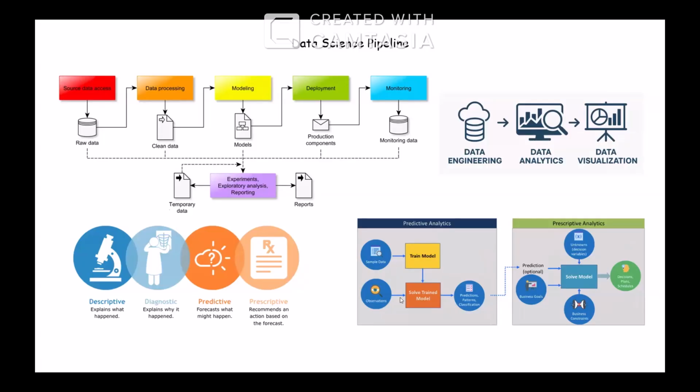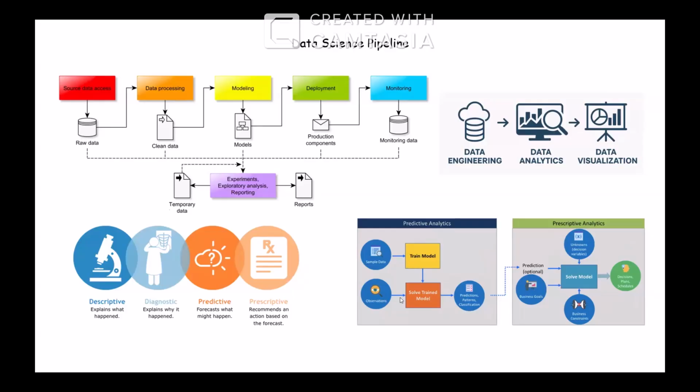Starting from the acquisition of data till the visualization of data, people go through different phases. But for ease, we divide the entire pipeline into three major stages. The first one is called data engineering. The second one is called data analytics, and the third one is called data visualization.